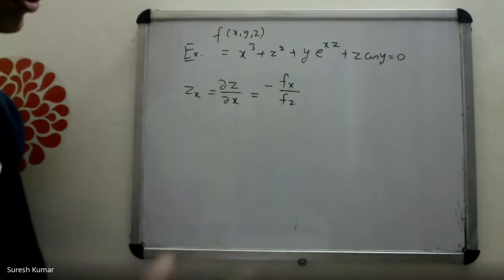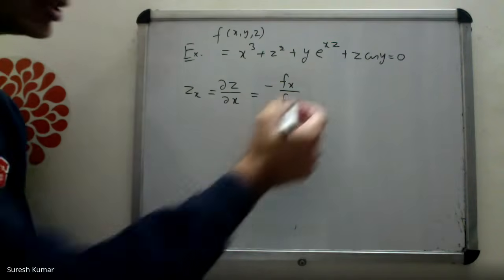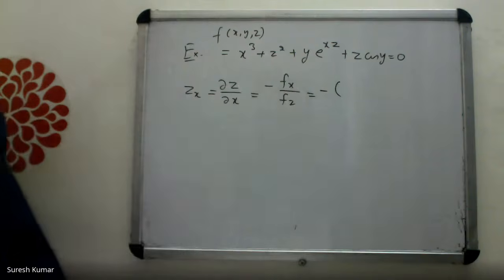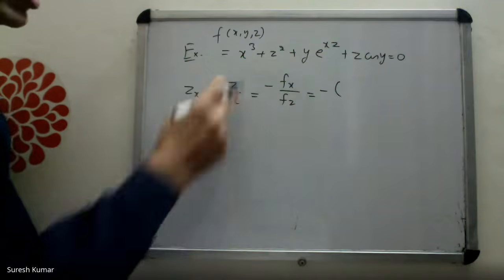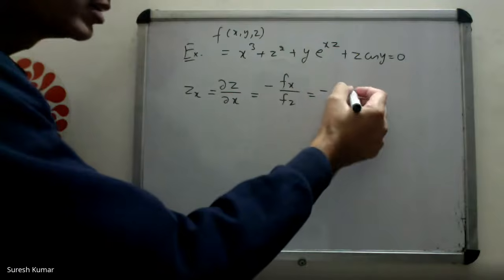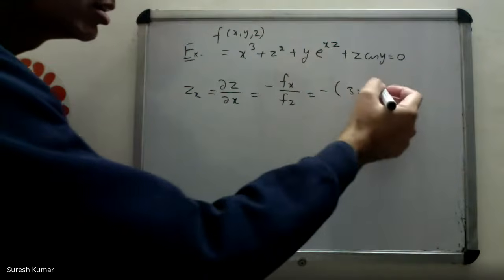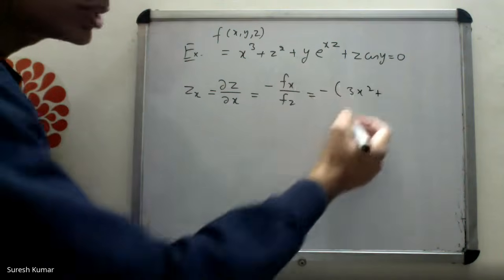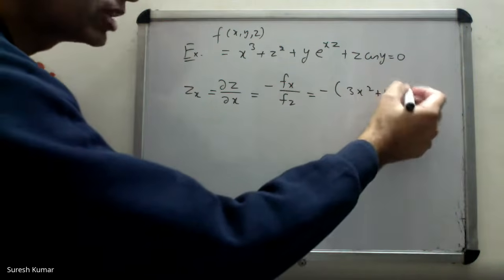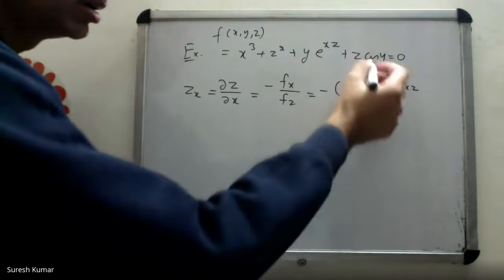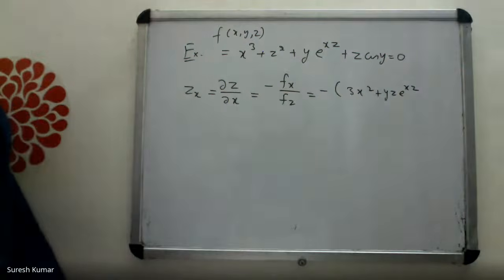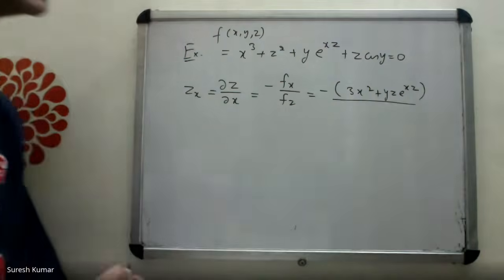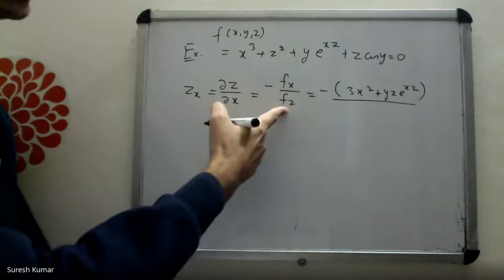Similar rule as you did for dy by dx. So what is fx from it? When you do fx, then y and z are constants. So what do you get? 3x square plus, y and z are constants, you are differentiating with respect to x, so yz e power xz, and its derivative is 0 with respect to x, divided by the partial derivative with respect to z.